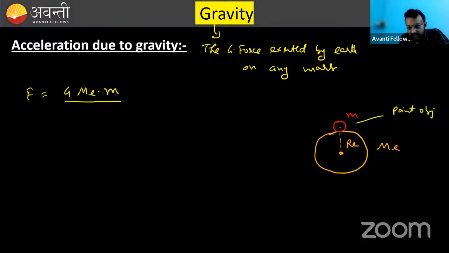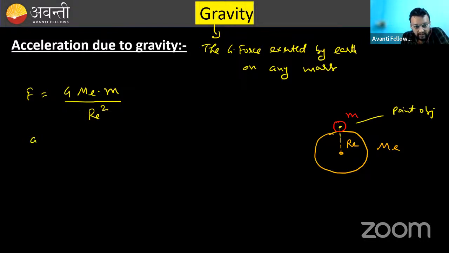The distance we take is from center to center, so this distance is nothing but Re. So it will become Re square. This is the force, and this force is known as gravity.